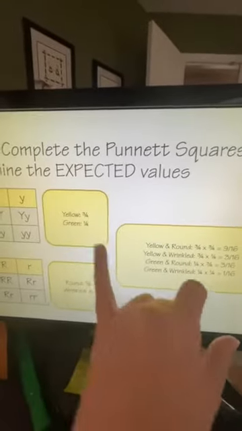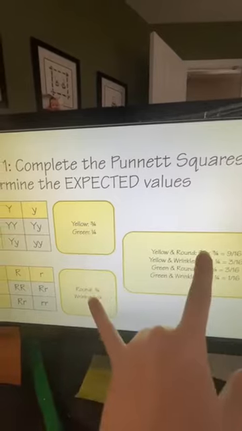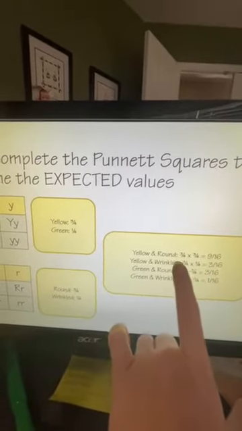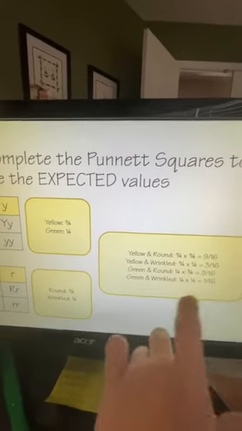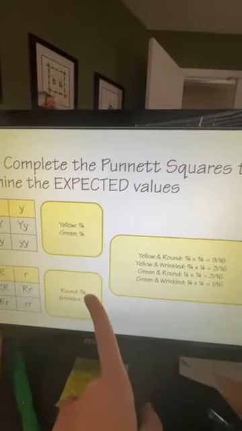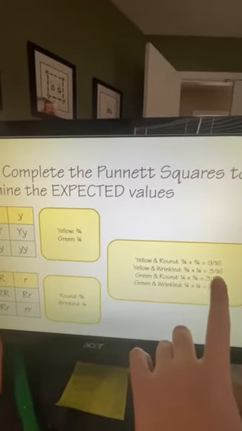You're going to follow those same probability rules and multiply them. Yellow is 3/4, so yellow round is 3/4 times the 3/4 for round, which gives me 3 times 3 is 9, 4 times 4 is 16. Yellow, 3/4, times wrinkled, 1/4: 3 times 1 is 3, 4 times 4 is 16.